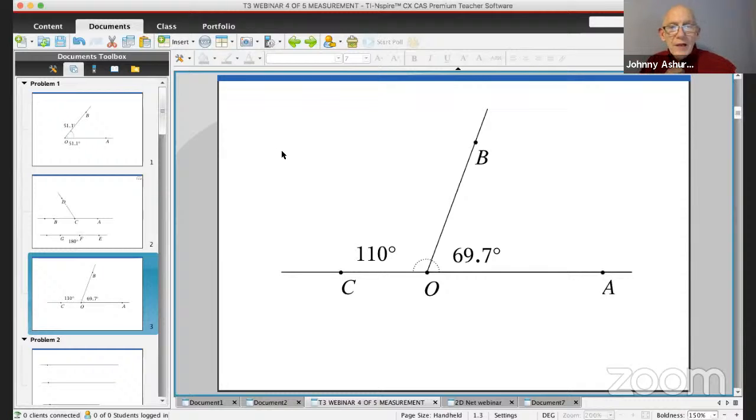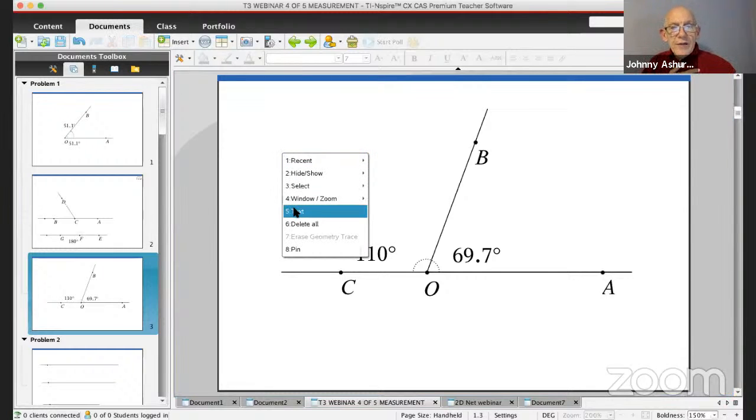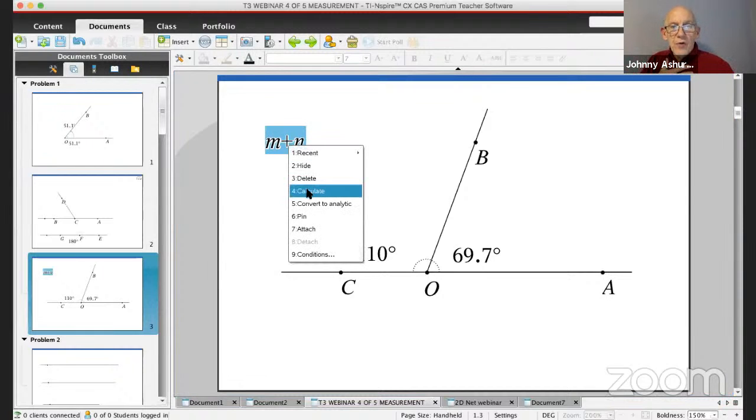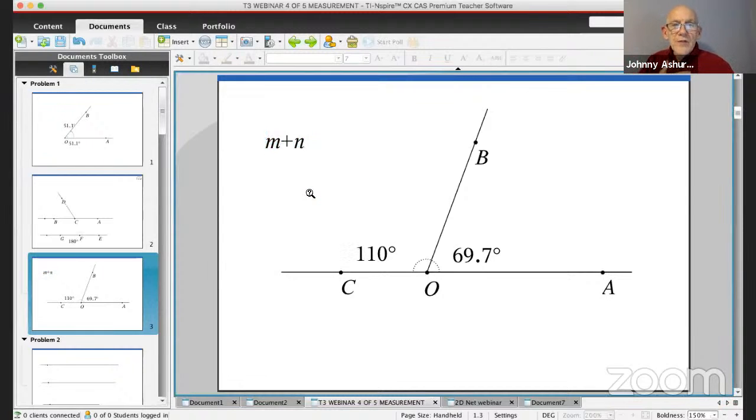So I'm going to right click on the screen and choose text and create M plus N. All that means is there's a sample of, I'd like to add two things together. And that's very generic. But if I right click on that and choose calculate, this says, how about giving me a number for M?